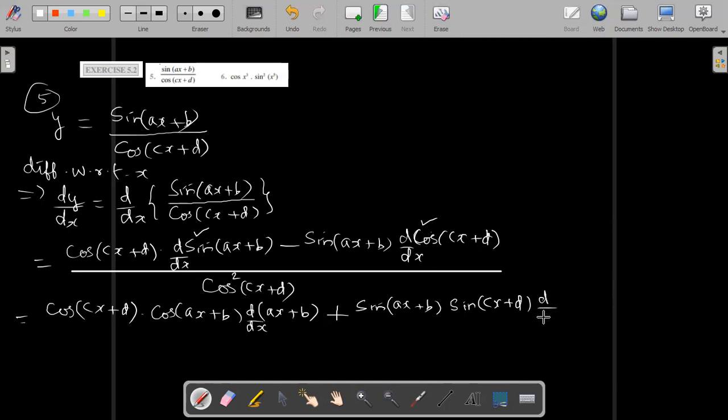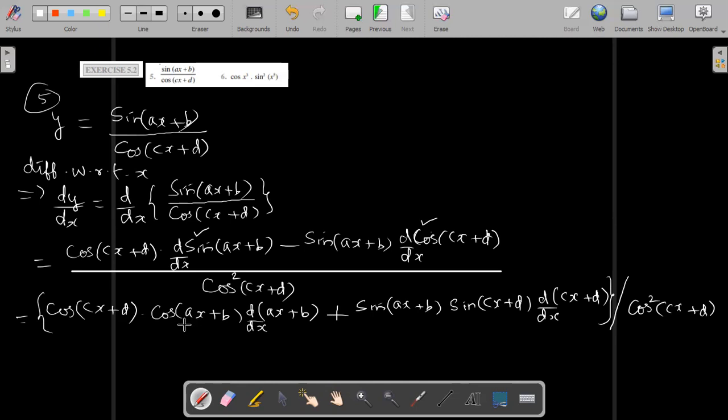So d by dx of cx plus d, and this whole is divided by cos square cx plus d.